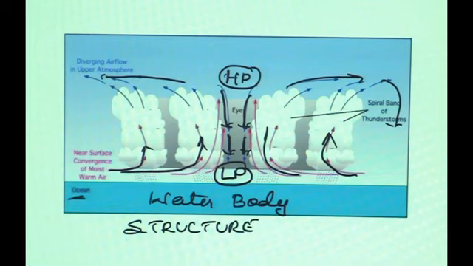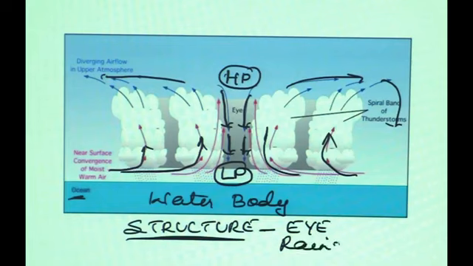So how many structural constituents are there in tropical cyclone? It is eye and rain zone. What is eye characterized with? It is characterized with highest temperature, lowest pressure, warm anticyclone developed in upper air that will generate divergence.